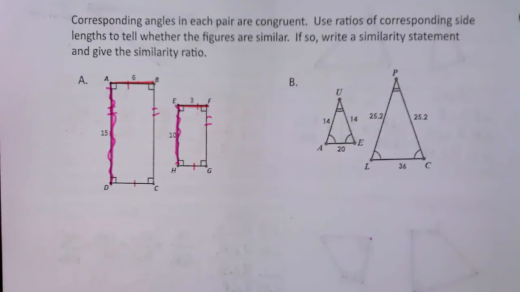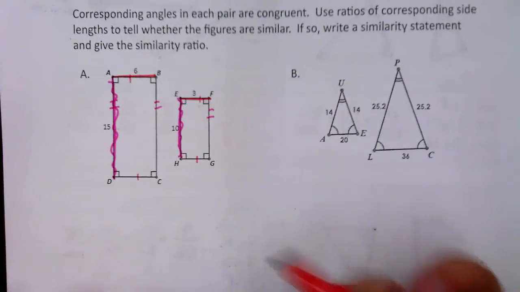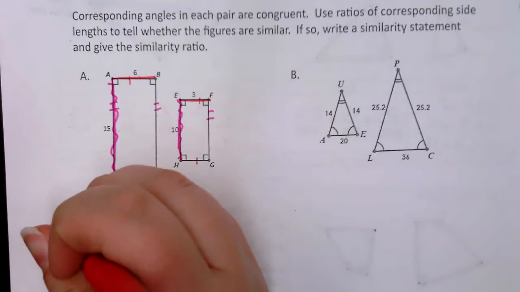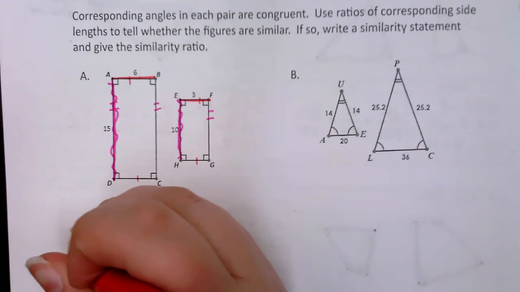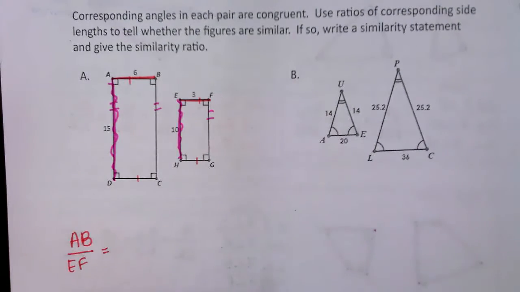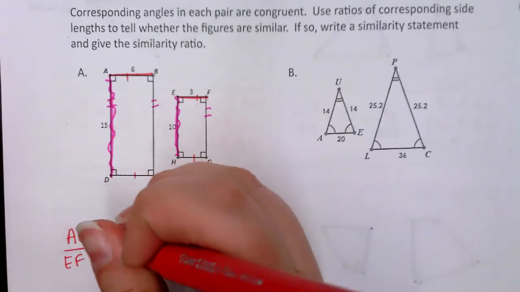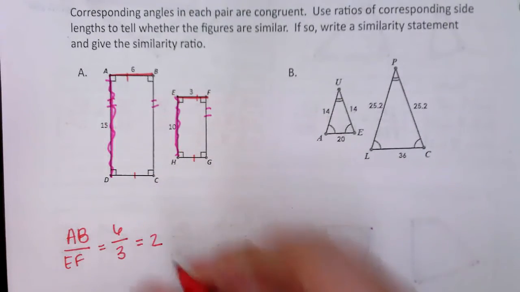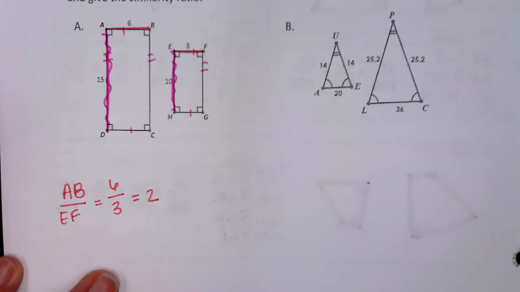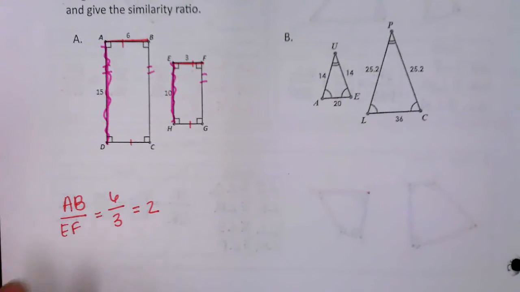All right, so let's set up our first one. Our first ratio, I'm going to start with side AB here. And AB corresponds with EF. So when I set it up, AB is 6, EF is 3, and 6 over 3 is 2. Didn't even need my handy dandy calculator.